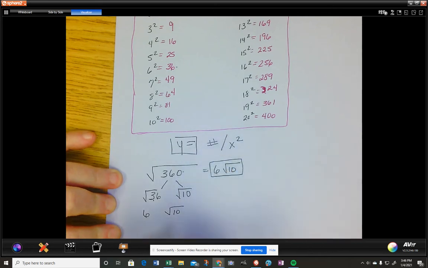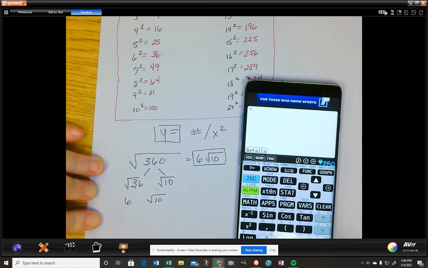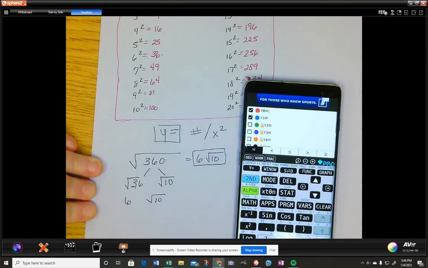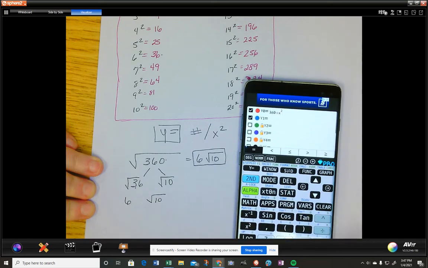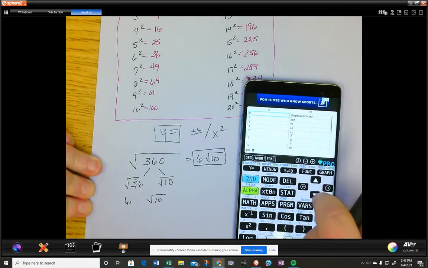And that's my answer. Well, how can I do that on my calculator? Go to y equals, type in 360 divided by x squared, and go to the second graph. And you're going to look in your table. You're going to find where the numbers are not decimals.